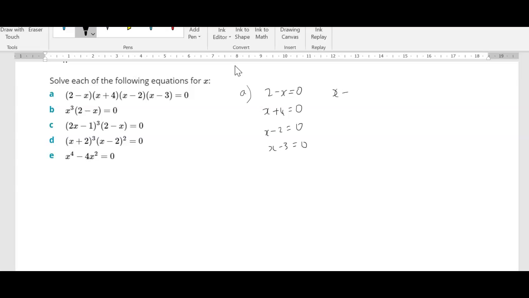So that means x is equal to, what is that going to be, 2, negative 4, negative 2, oh, is this first one negative 2? No, 2. x minus 2. And then 3.